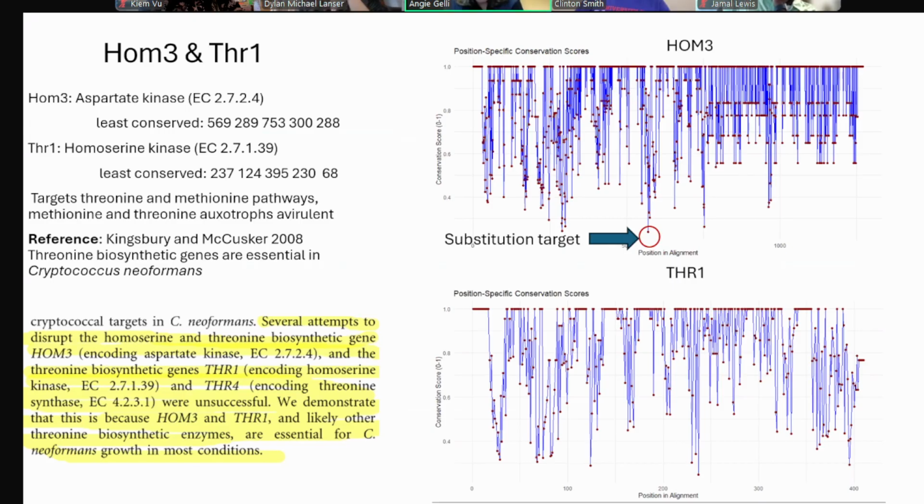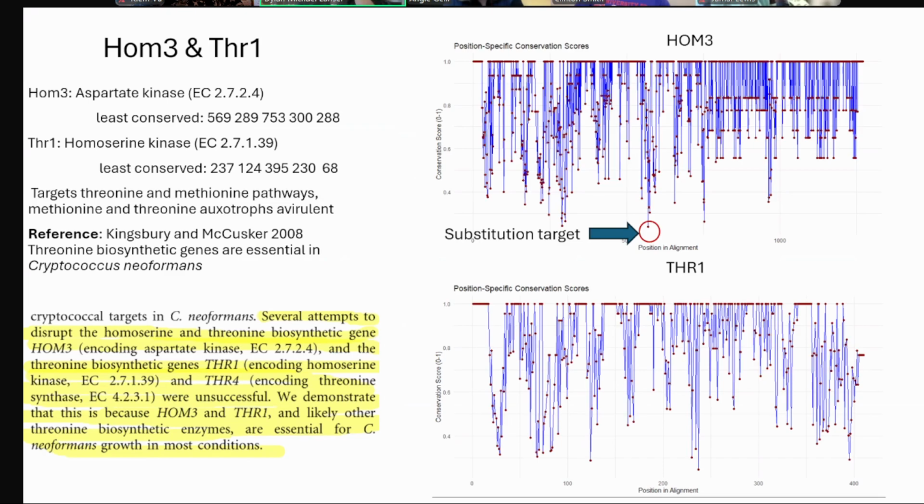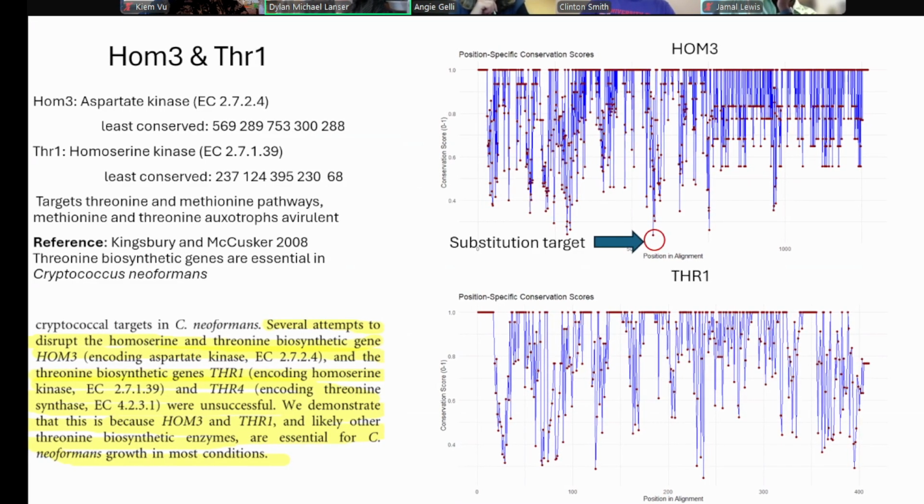But THR1 also has a list. In terms of the minimum conservation score, they're pretty similar. Like I was saying earlier, you'll notice that the low conservation positions don't really all cluster towards the N terminus.